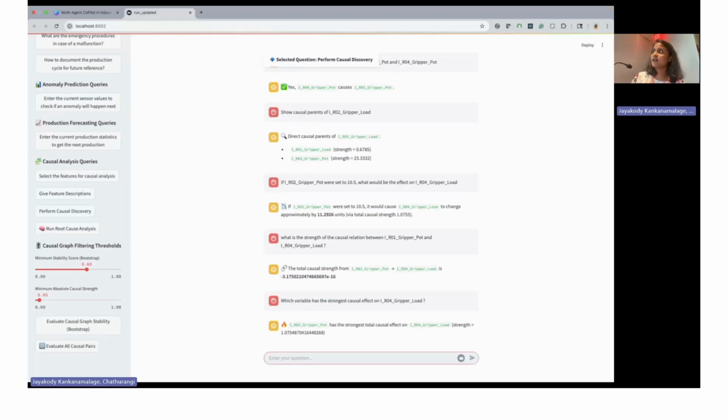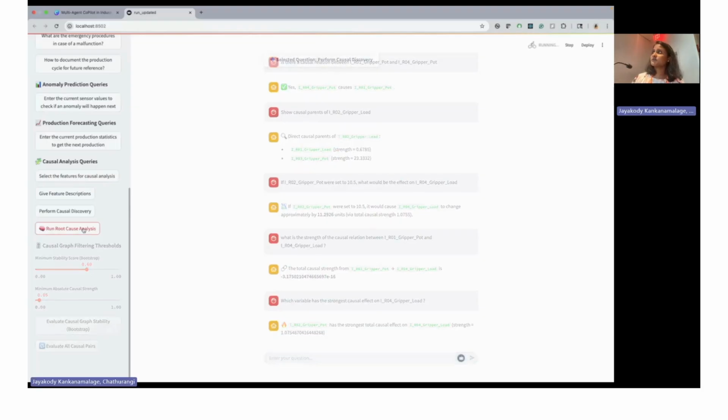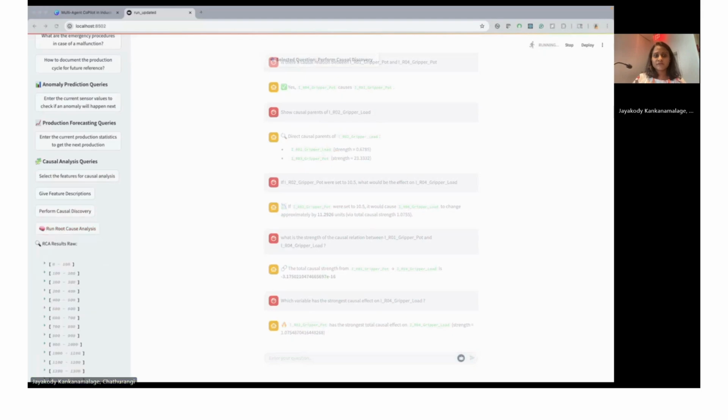And then let's see how it can answer root cause analysis related questions. So you can go through the root cause analysis module using this particular function.